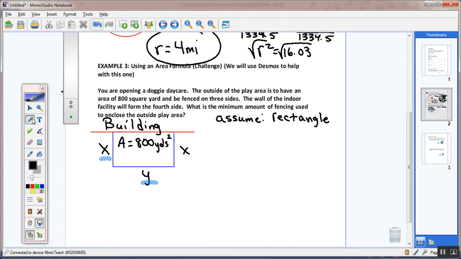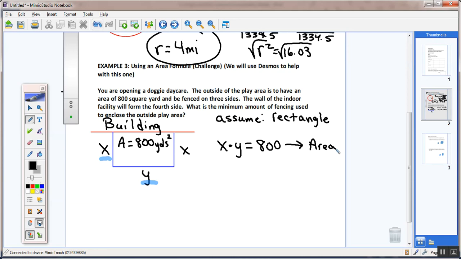Okay. Would you guys agree that then the length times the width, or x times y, would have to equal what value? 800, okay? So watch this right here. We know that x times y has to equal 800. That's based off of an area, okay? The way we've set this up, that talks about my area relative to the diagram that I have.